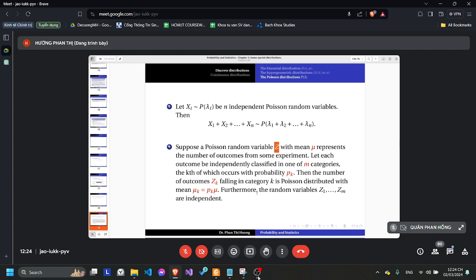This means that you are splitting the Poisson distribution Z into m independent Poisson distributions, and of course they have the same unit.